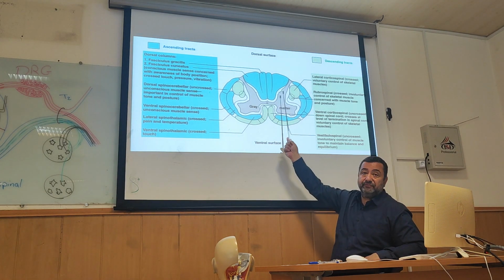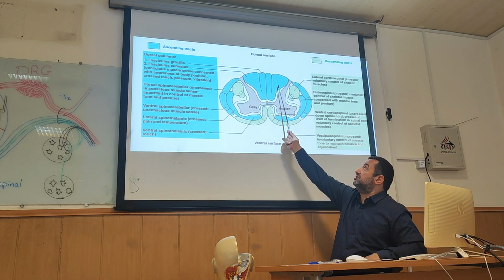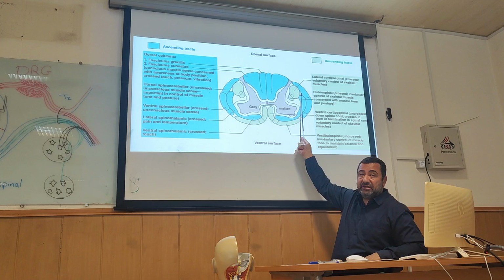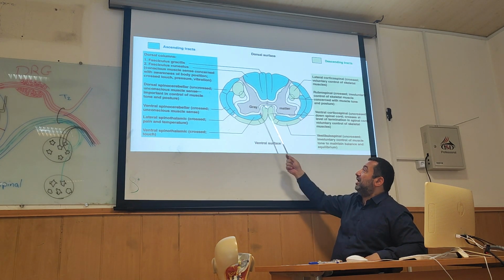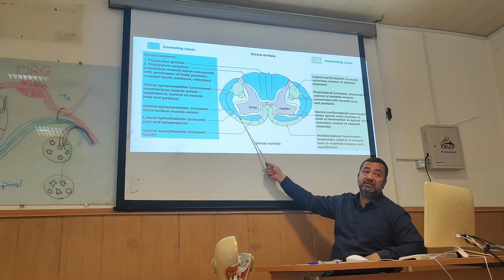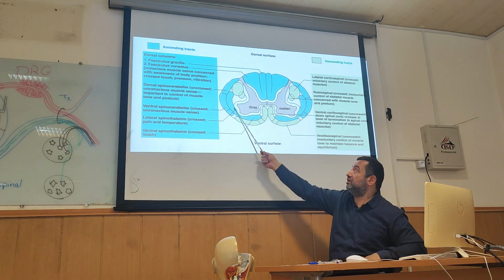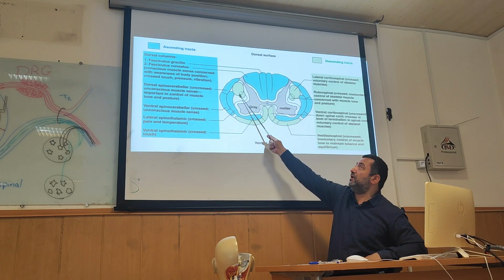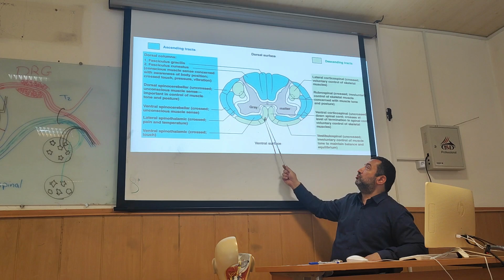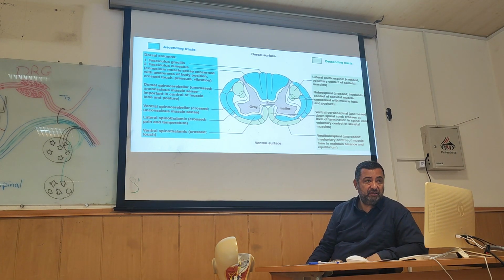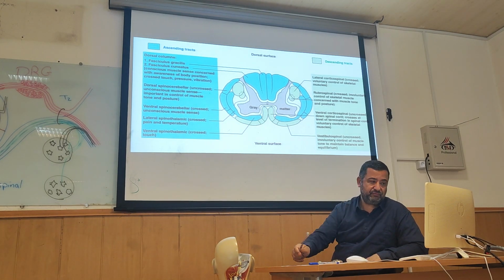This is posterior spinocerebellar tract, and this one is anterior spinocerebellar tract. And this one is spinothalamic tract, lateral spinothalamic and anterior spinothalamic. Here is lateral corticospinal, rubrospinal, anterior corticospinal. And this is vestibulospinal. Yes?